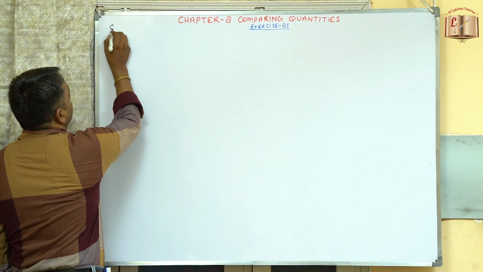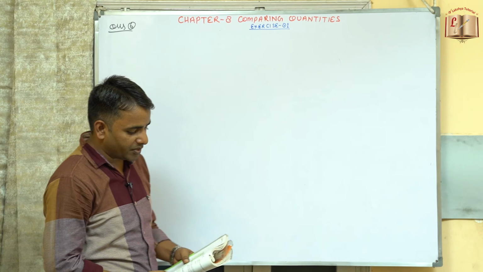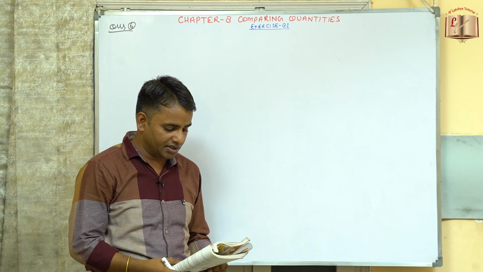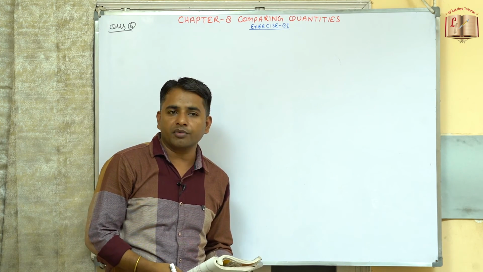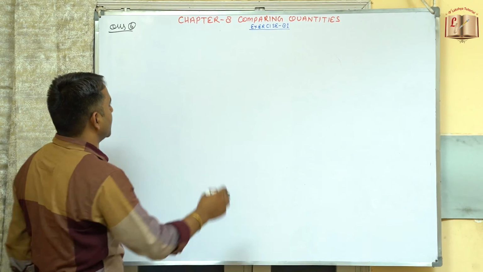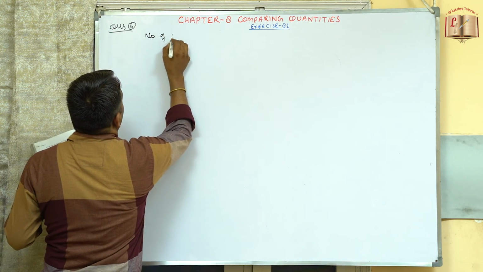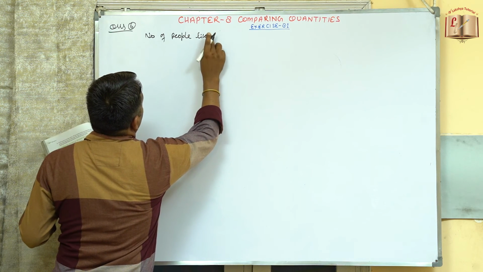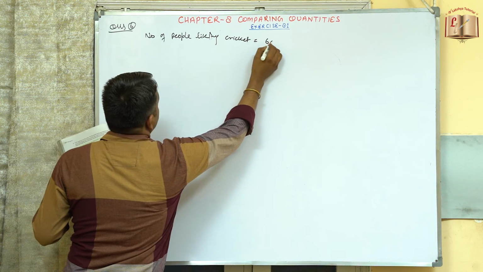So now coming to question number 6. If 60% of people in a city like cricket, 30% like football, and the remaining like other games, then what is the percentage of people who like other games if the total population is 50 lakhs? So find the number who like each type of game. Number of people liking cricket is 60%.